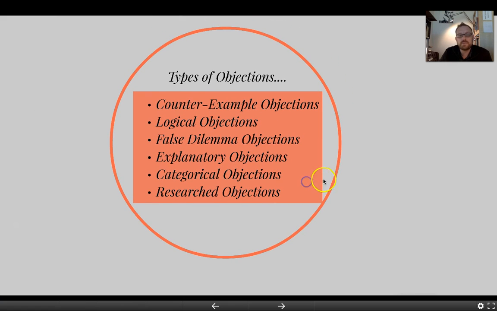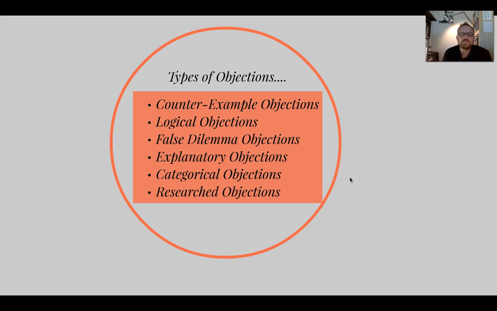Another example here is what we might call a categorical objection. Now, a categorical objection would be an objection that says that you've completely misunderstood the category of the problem you're addressing or talking about.